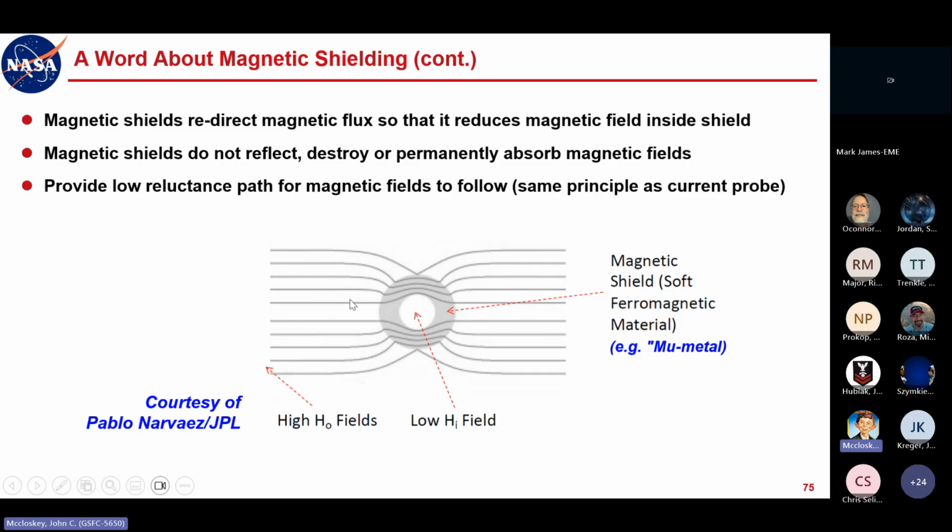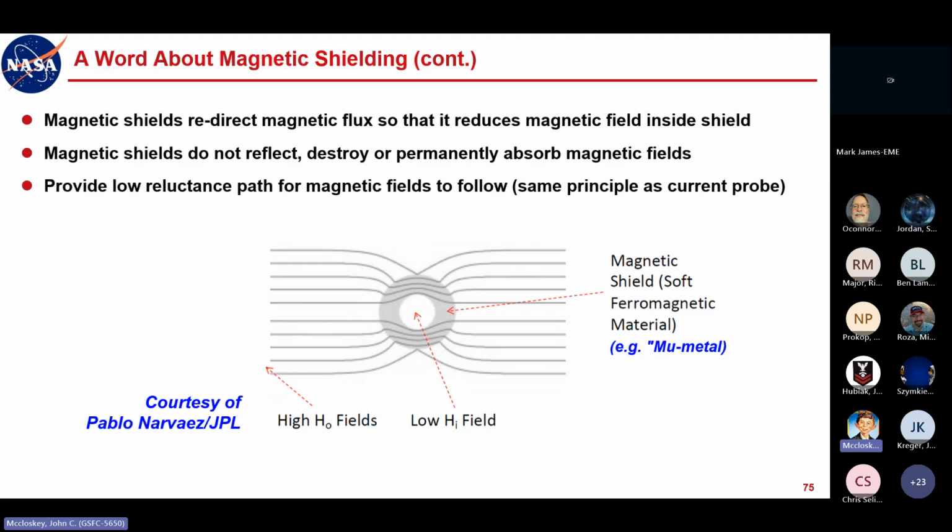It's really the same general principle as a current probe. I didn't put a picture here, but think of the circular element here in the middle as a current probe, and you have a cable or wire going right into the page, through the center of that. The very nature of how a current probe works is that the current you want to measure is not the thing you're measuring directly. You're measuring the magnetic flux that current is generating. So that current is going into the page.